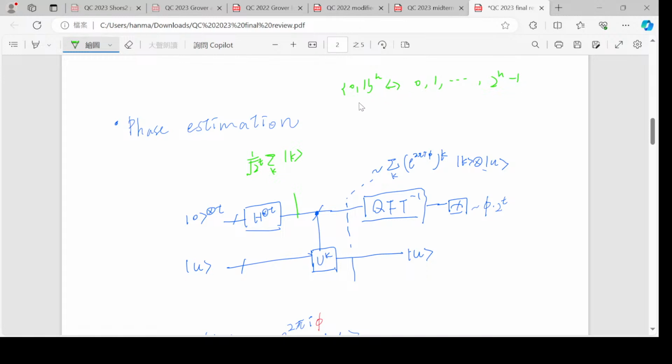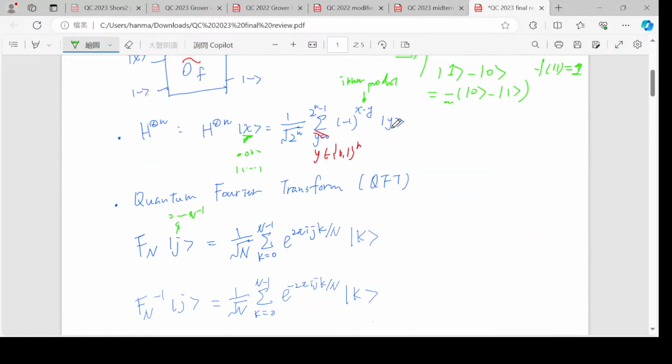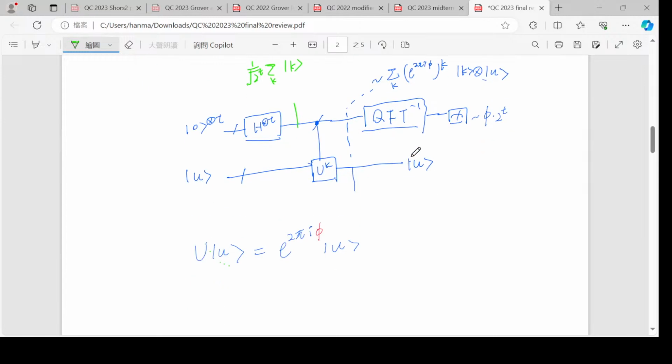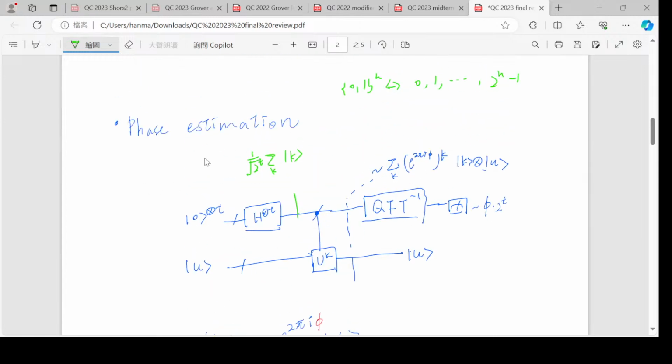So there is a number representation and a bit-string representation. Up here we use a bit-string representation, but here we really need a number representation. So we now think of k from 0 to 2^t minus 1.